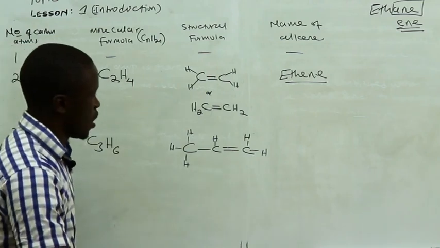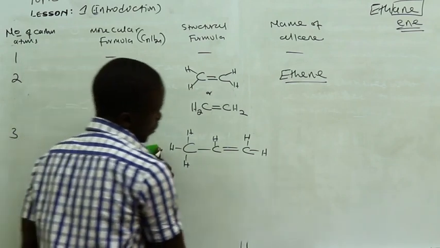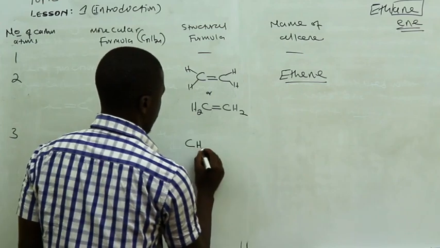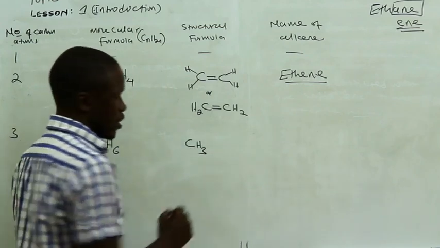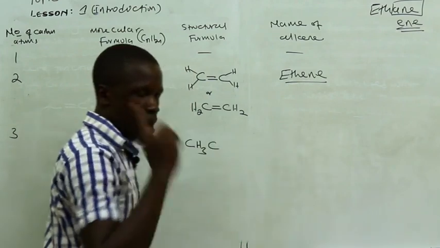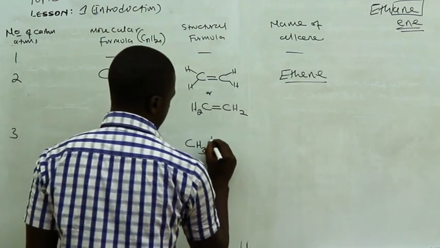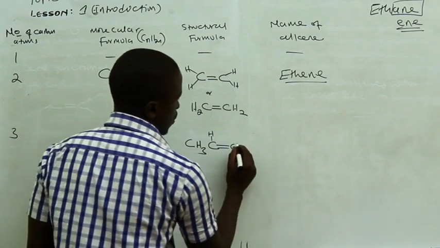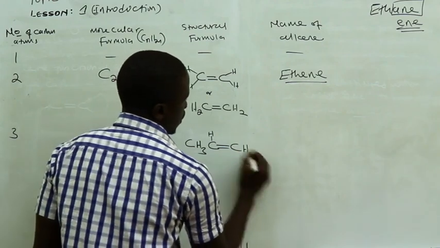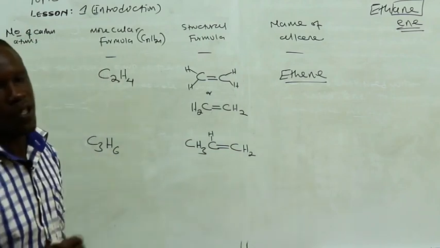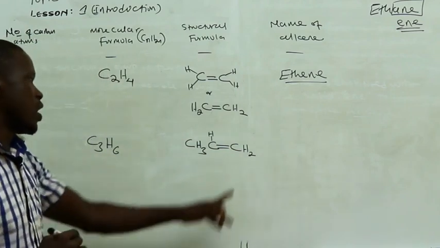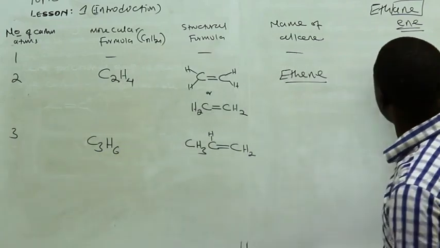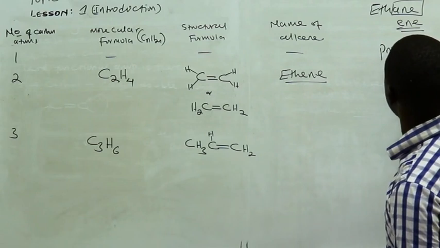This is the structure of the alkene with 3 carbon atoms, but we shall write it in a more advanced way and say that the first carbon atom had 3 hydrogen atoms. The second carbon atom had 1 hydrogen atom. I can put it there and introduce a double bond, and then the last one had 2 hydrogen atoms. Now, the corresponding name of an alkane with 3 carbon atoms would be propane.